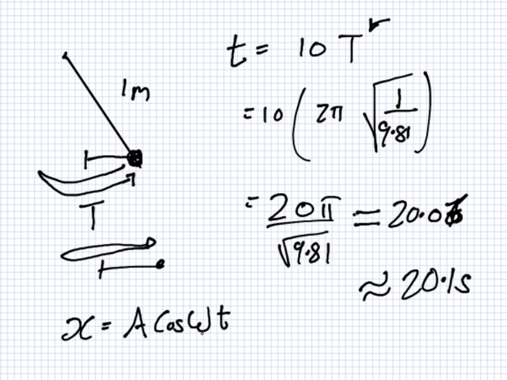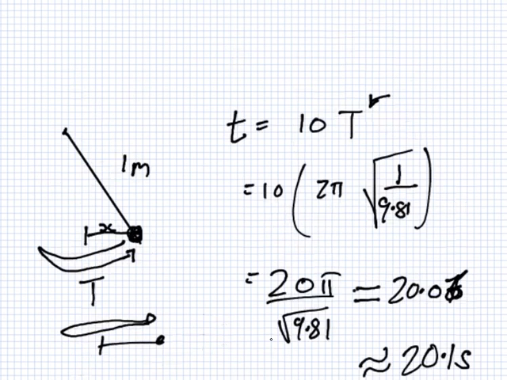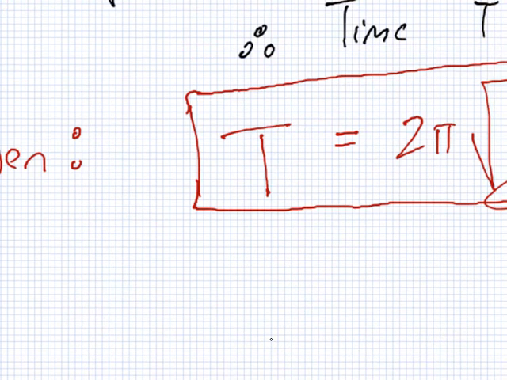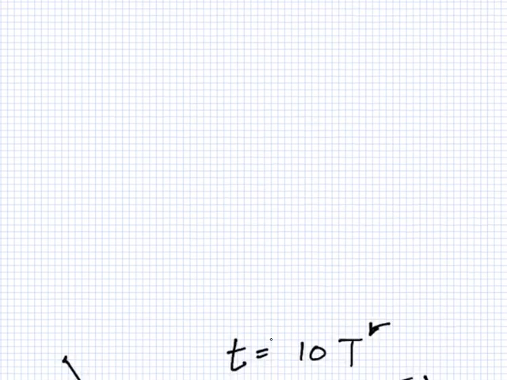The x being the distance horizontally. You can use the formula minus a omega sine omega t as well to work out the speed. And all the other formulas as well. The only formula that's new is the one we just did with T equals 2 pi root L over G. But all the other formulas work.